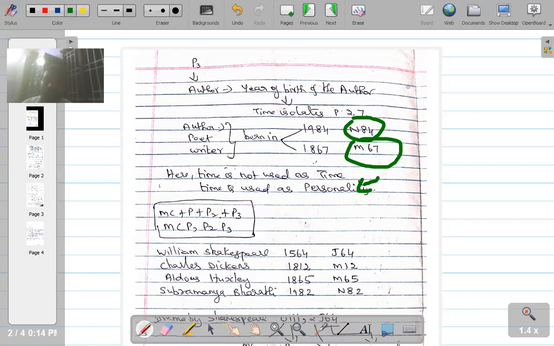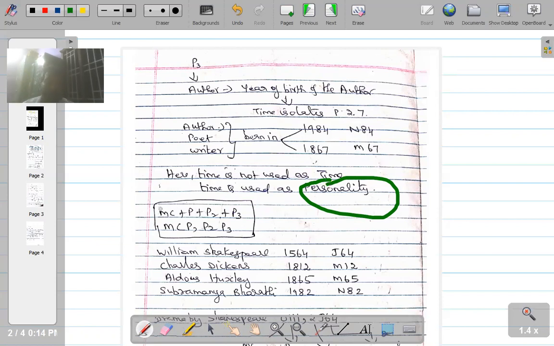So don't use the single inverted comma as the connecting symbol, which you normally prefix before adding a time isolate. Never do that, because here the time isolate is used as a personality. Since it is used as a personality, the rules applicable to time isolates should not be used, but the rules applicable to personality isolates are to be followed.